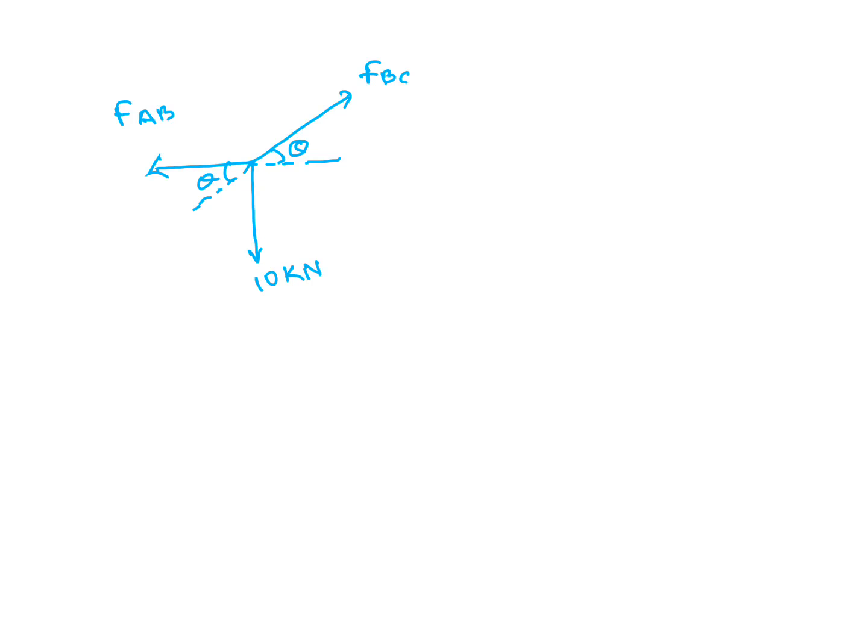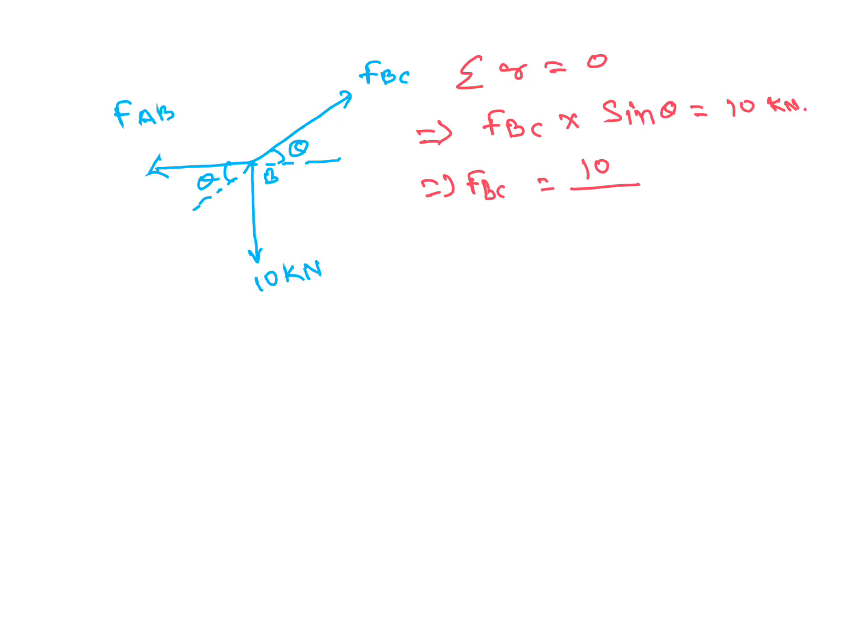Along y direction or vertical, summation of all forces is 0. So FBC into sin theta equal to 10 kilonewton. So FBC equal to 10 by sin theta kilonewton.